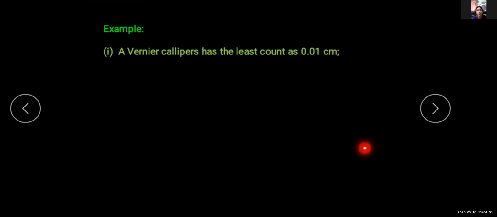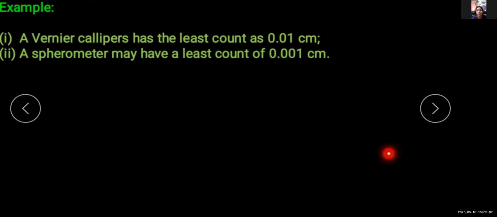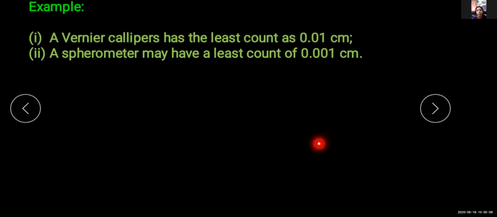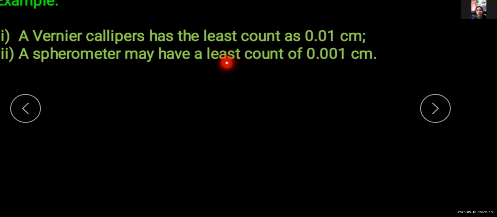Here are given some examples. Vernier calipers least count is 0.01 centimeter, as I told you. For spherometer, the least count is 0.001 centimeter. Okay.